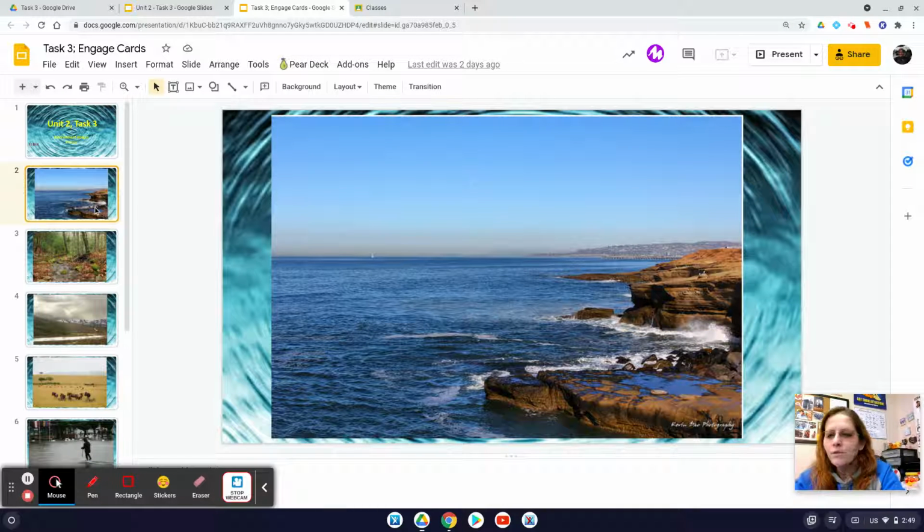Okay, so first, in the first image, you're going to see what are some examples of matter.